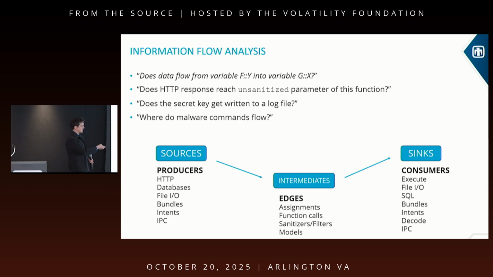And then what CTADL does is it tracks data as it flows throughout the system through assignments, function calls, and sanitizers and things like that, which I'll mention briefly. And then what you want to get from it, and what it tries to give you, is paths from those interesting data points as they come in all the way to sinks.